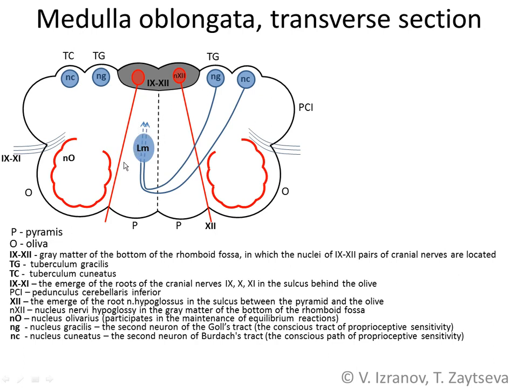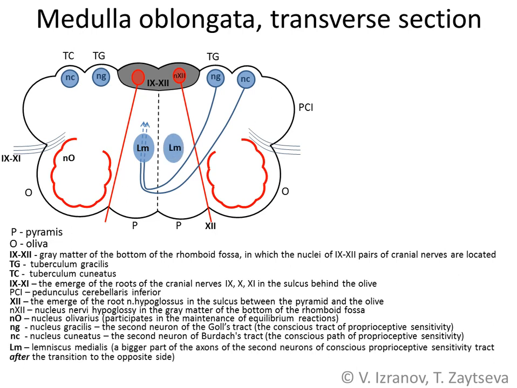So this part, LM, is the so-called lemniscus medialis. Lemniscus medialis translates as a loop, medial loop. So it is a bigger part of the axons of second neurons of the conscious proprioceptive sensitivity tract after the transition to the opposite side.